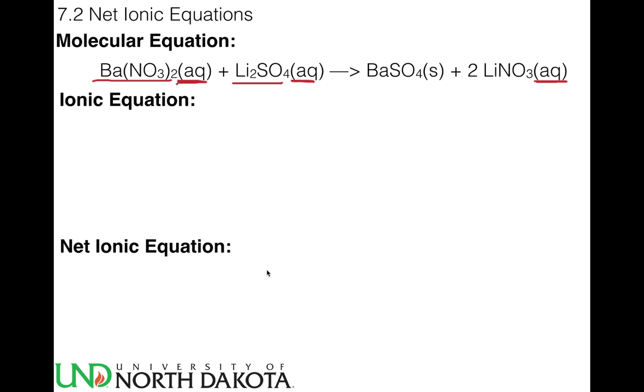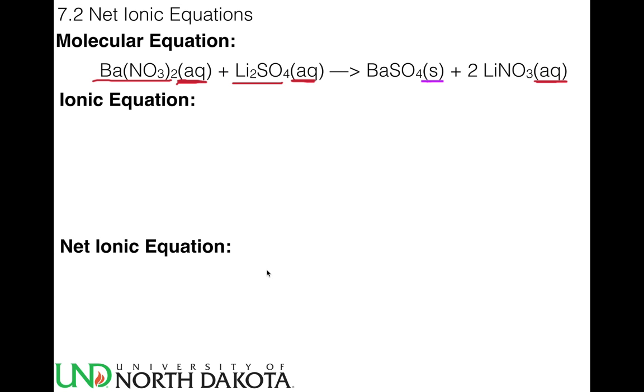We write all aqueous ionic compounds as species that have dissociated into their ions. However, anytime you see a solid, a liquid, or a gas, you do not change it going from the molecular equation to the ionic equation. So let's show all of these aqueous species as being dissociated into their ions.